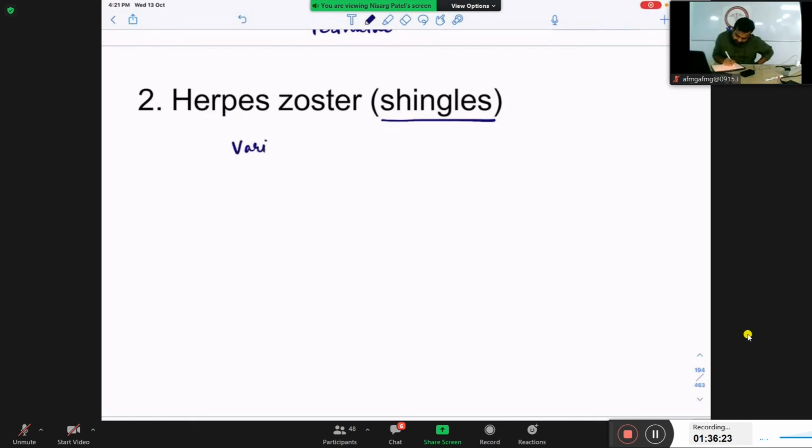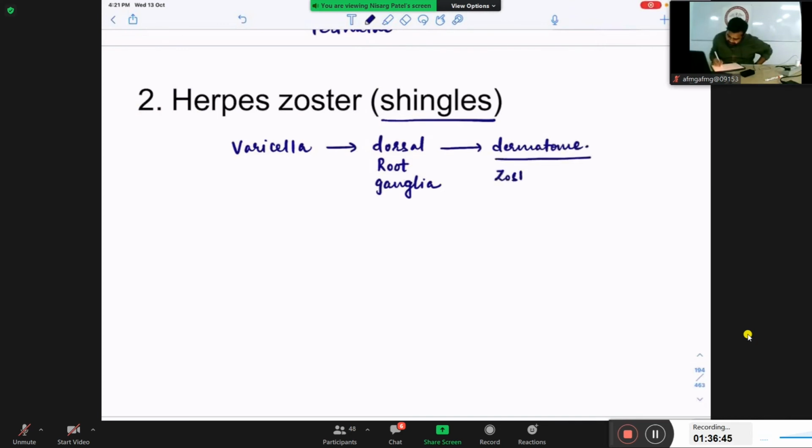After the varicella, the virus went into the dorsal root ganglia, and then came out on the dermatome as zoster. So this is herpes zoster. So this is a zosteriform lesion.